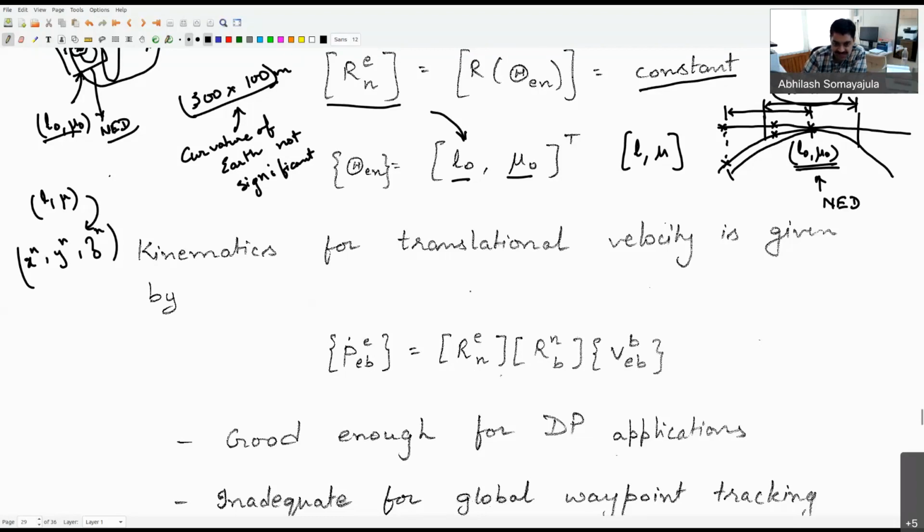I'm just taking two transformations: going from the B to the N frame and from the N to the E frame to get my final quantity in the E frame.